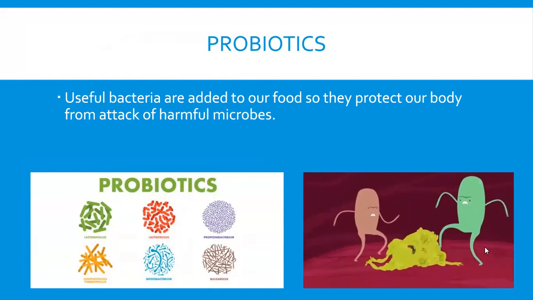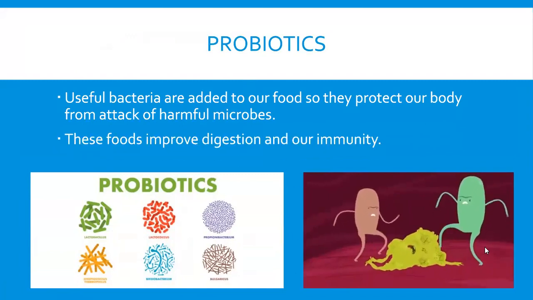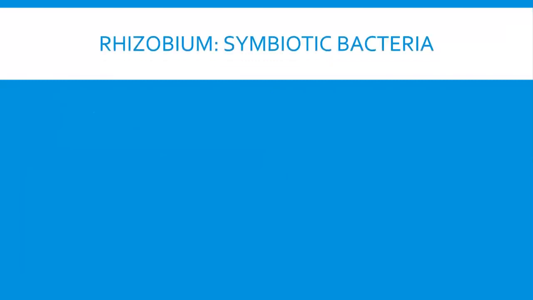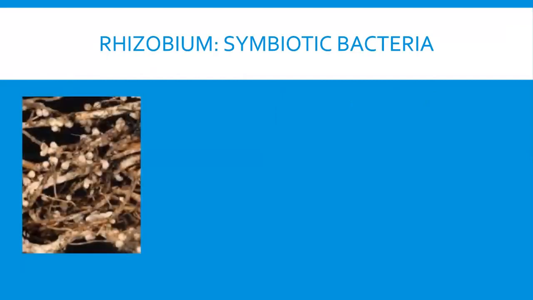That is what a probiotic does. The most important probiotic that we all know is Yakult. These foods improve digestion and our immunity. So the better the digestion that takes place in your system, the better you see that these foods improve our immunity as well, right?